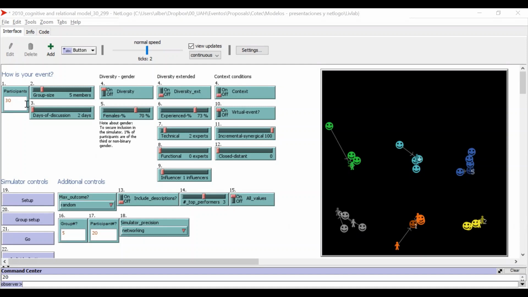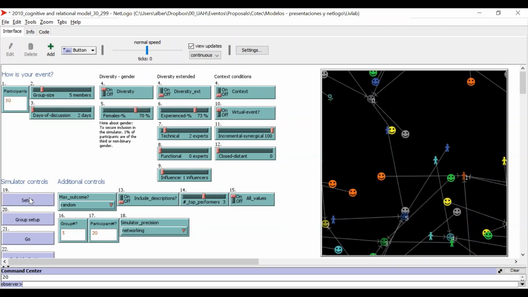In this case, we have 30 participants, groups of 5, and a discussion. And we have switched on the gender diversity control or block, and we have an event with the majority of participants females.